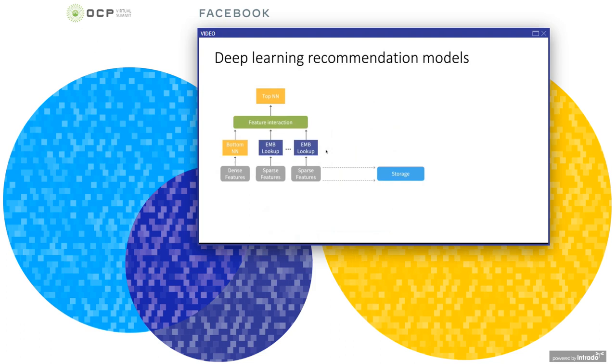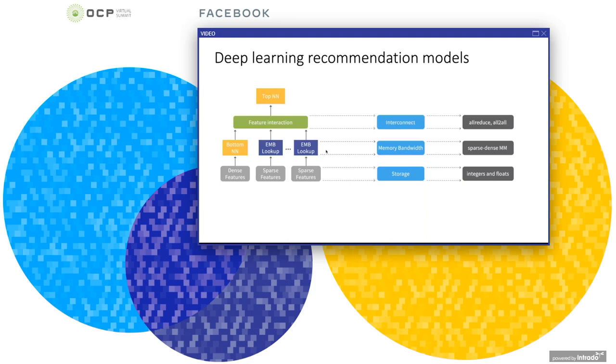Let us look at different components of this model and what they are in practice. Dense and sparse features simply correspond to floating point and integer numbers, and they exercise storage. They're stored. Embedding lookups can be seen as sparse times dense matrix multiplications, and they exercise memory bandwidth.